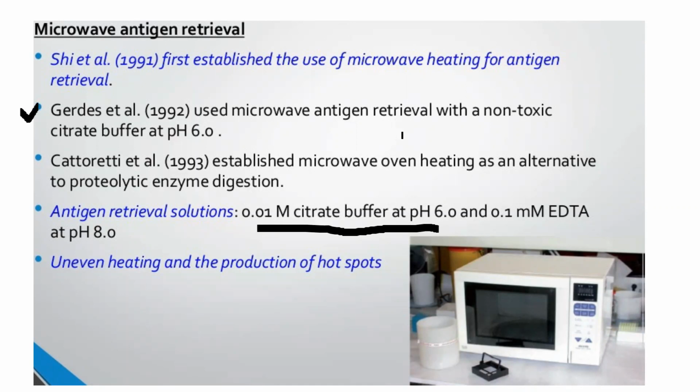A few problems with microwaving is the production of hot spots within the tissue. This is the disadvantage of microwaving. It will produce hot spots, and those hot spots will boil, so they will destroy the tissue. Microwaving won't disseminate the temperature evenly within the tissue. Because of this uneven distribution of heat, there will obviously be problems. So microwaving is not an ideal choice.